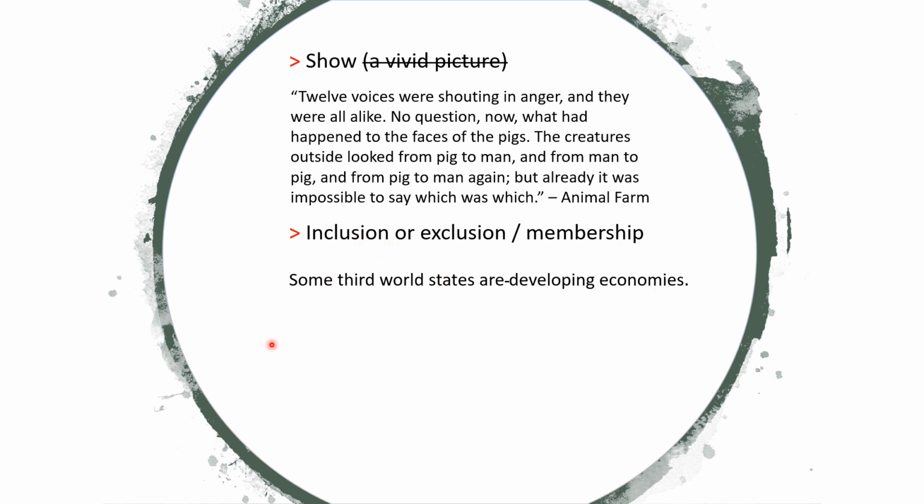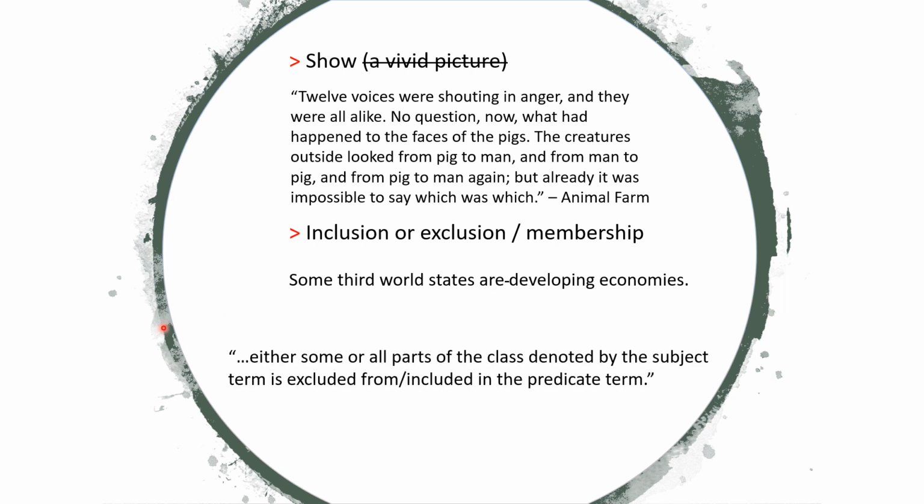Now, this proposition says that the subject term, third world states, is being included in the predicate term, developing economies. So what is being done by a proposition is that it shows either some or all parts of the class denoted by the subject term is excluded from or included in the predicate term.